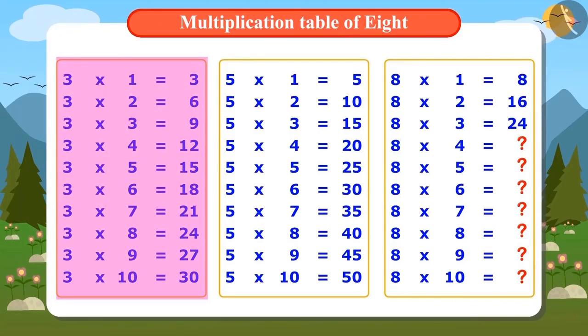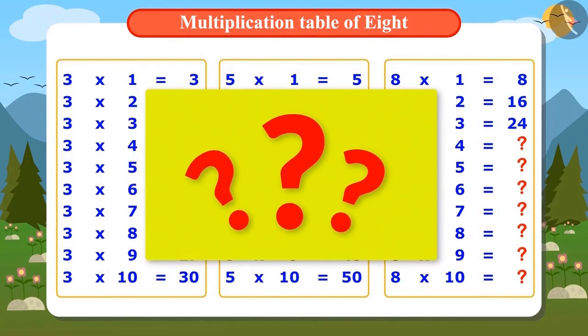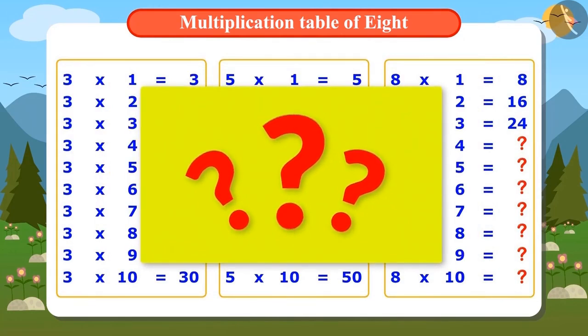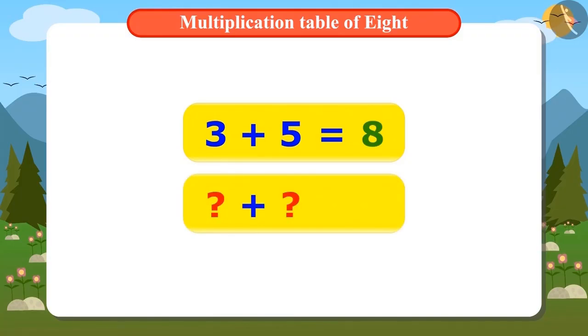Vandana is trying to find the table of 8 with the help of multiplication tables of 3 and 5. Can you find the table of 8 from any multiplication table besides these? Just like adding 3 and 5 gave us the number 8, similarly, you have to find two small numbers which add up to 8.